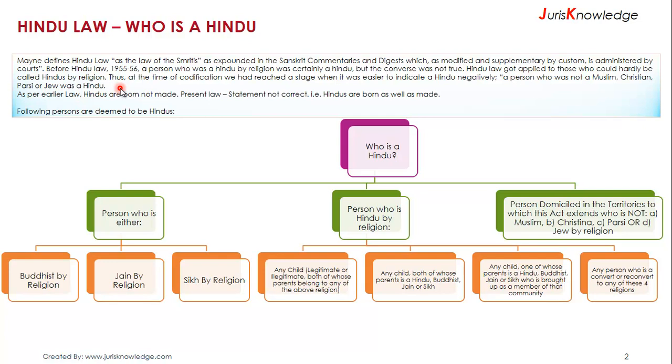As per the earlier law, Hindus are born and they are not made. However, as far as the present law is concerned, this statement is not correct anymore. That means Hindus are born as well as they are made, which also denotes in the specific categorization when we say the person who's a Hindu by religion, and there are many ways in which the person can become a Hindu too.